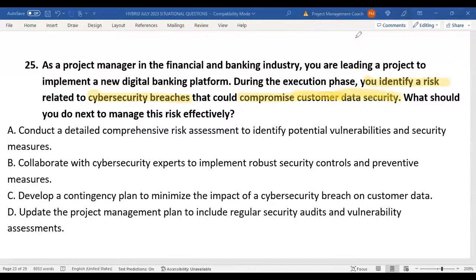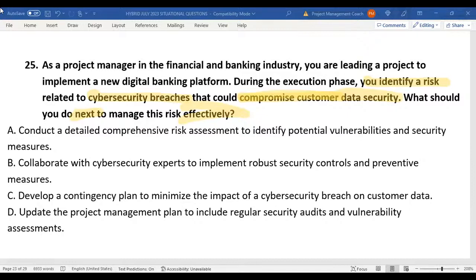Oh dear, this could be really bad if it does happen. What should you do next to manage this risk effectively? Keyword, effectively, and next. So if you find that customer data could be compromised, not that it is being compromised, but it could happen, you need to be proactive and take proactive action, not reactive action.